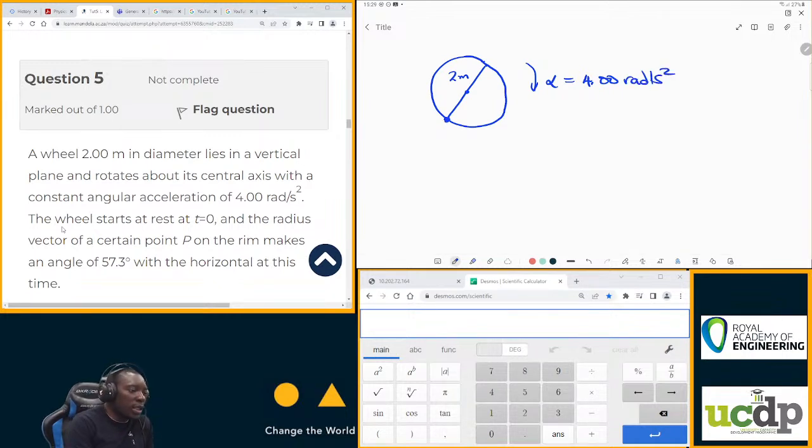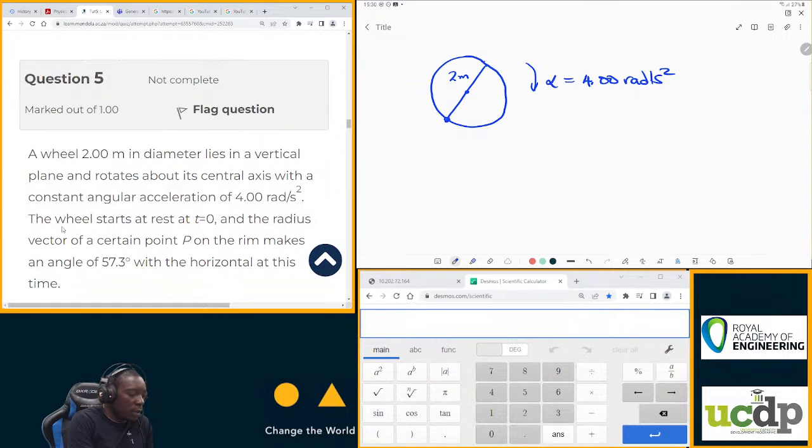The wheel starts at rest at t equals 0, and the radius vector of a point P on the rim makes an angle of 57.3 degrees with the horizontal at this time.